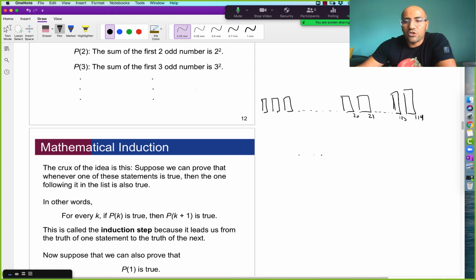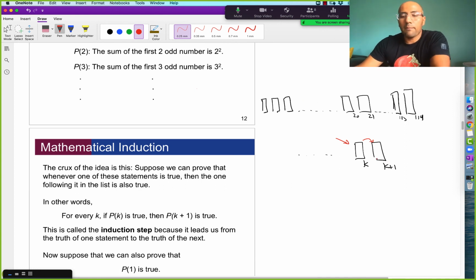But what you can do is jump somewhere in the middle, and if we can show that the kth one will knock over the kth plus 1, assuming that the one before it knocks down the kth one, and this is where the work comes in, if we can show that this will cause this to knock it down, just in general in the center of any list of dominoes, then that coupled with knowing that you got the ball rolling at domino number 1, so you can show that domino number 1 is going to knock down the next one, and then you can show that the kth domino will knock down the k plus 1th domino, then you've established that it doesn't matter what k is, it will always be true forever.